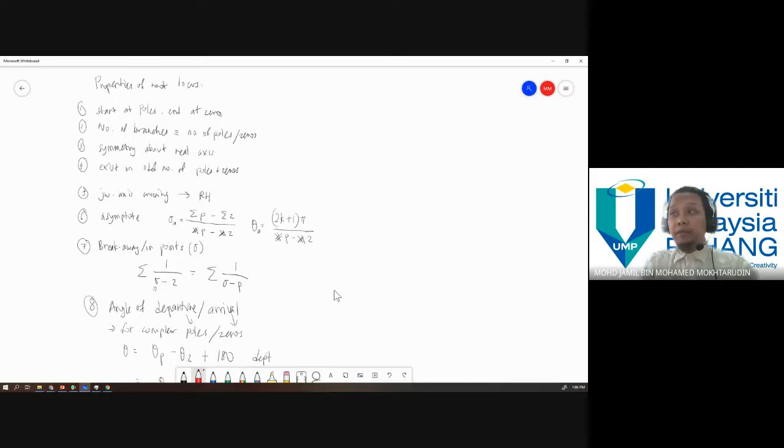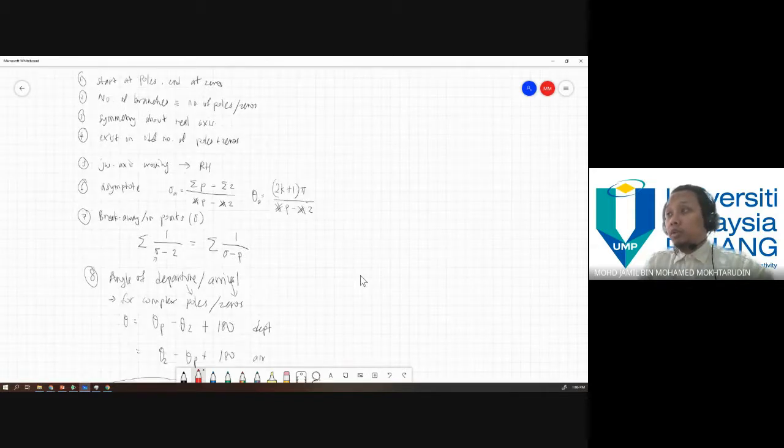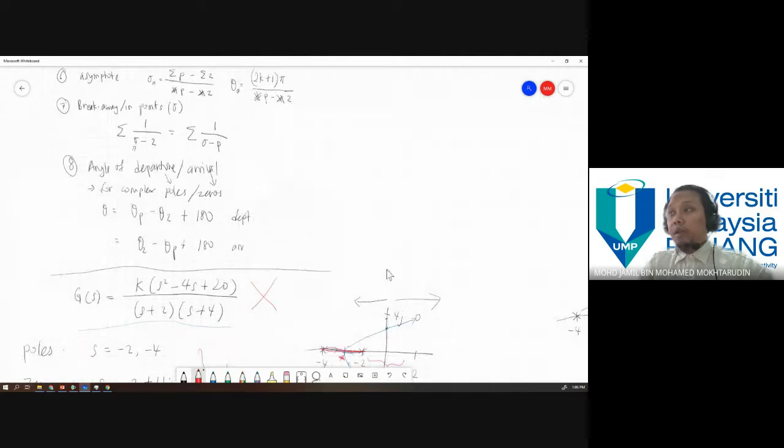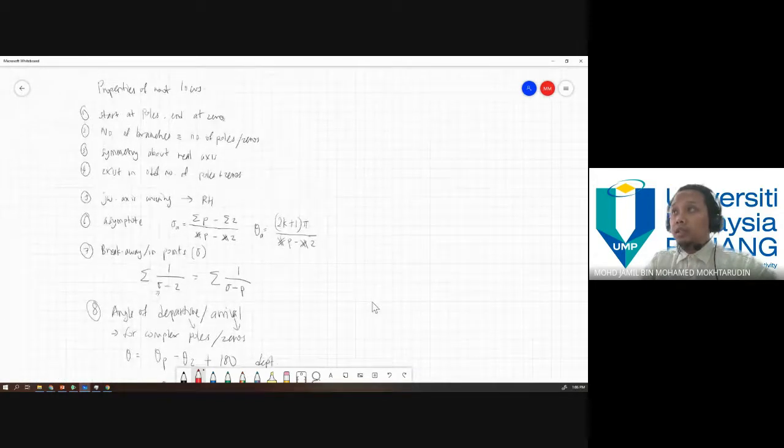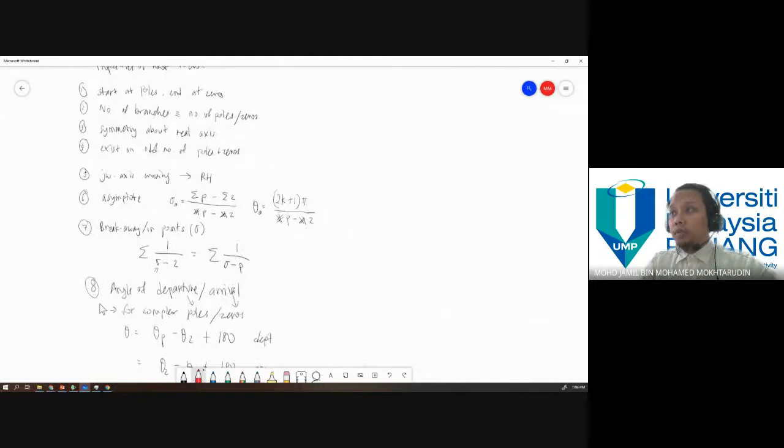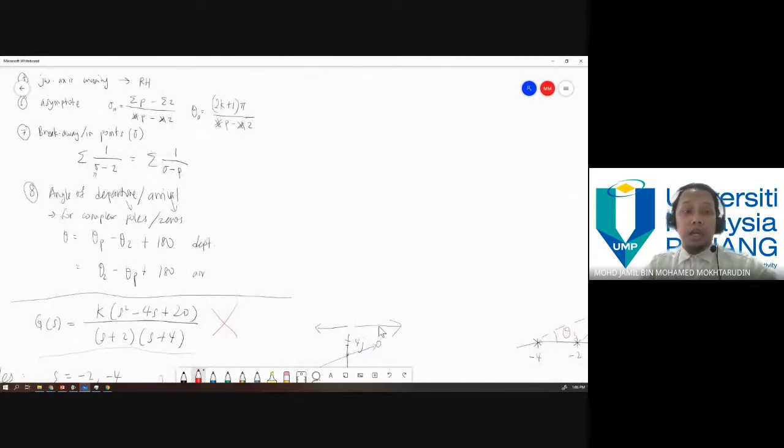So in part 4, for root locus, you are required to sketch the root locus in MATLAB and find all of the necessary properties. Okay, there are 8 properties. So you can validate your calculation using the plot that you get from MATLAB.